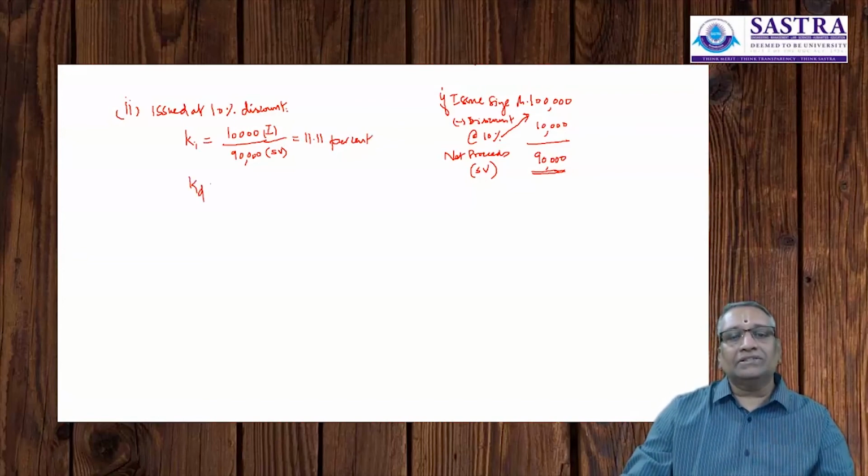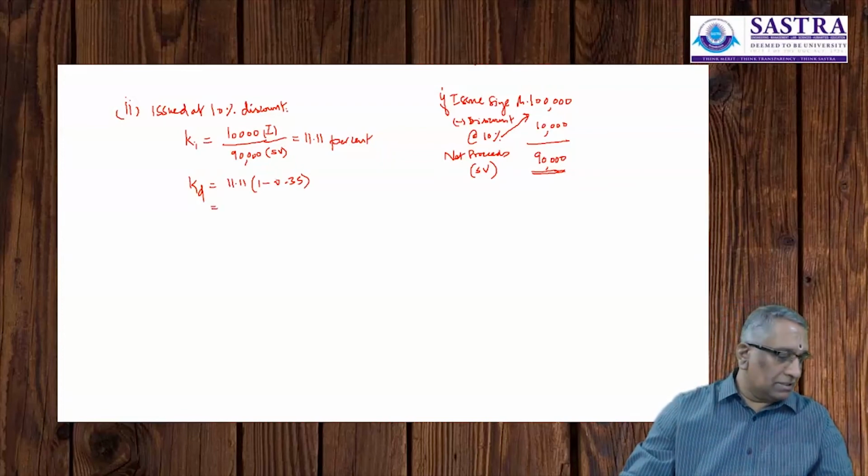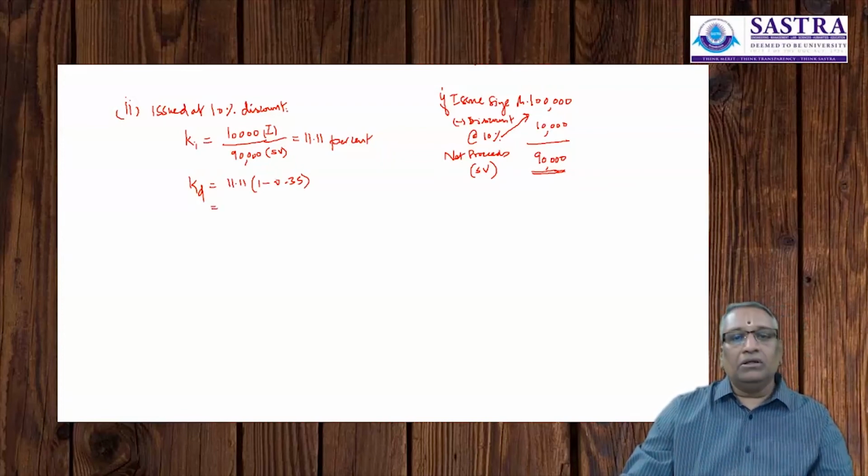And the tax adjusted effective cost of debt will be 11.11 into 1 minus tax rate 0.35. When you simplify this, you get 7.22%.